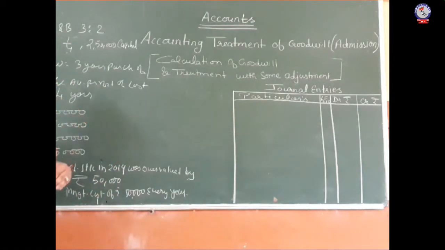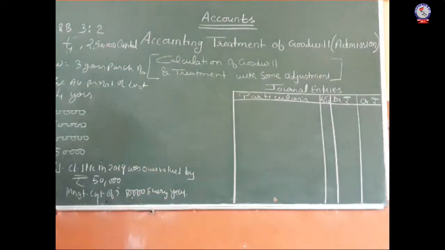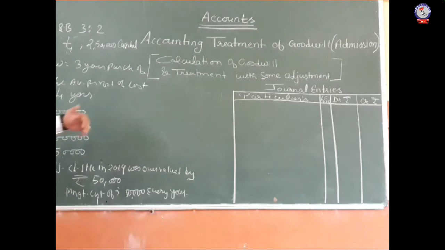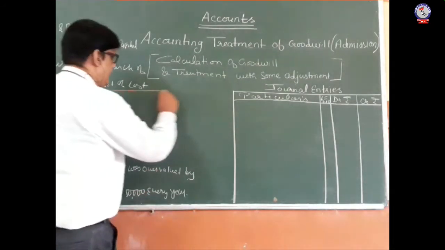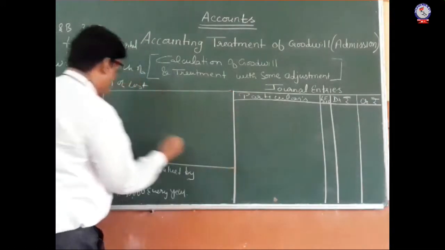First we have to find out the adjusted profit, because there are two adjustments. The management cost is 50,000 every year, which was not taken into consideration, and the closing stock was overvalued by 50,000 in the year 2019. So first we will find the calculation of adjusted profit.